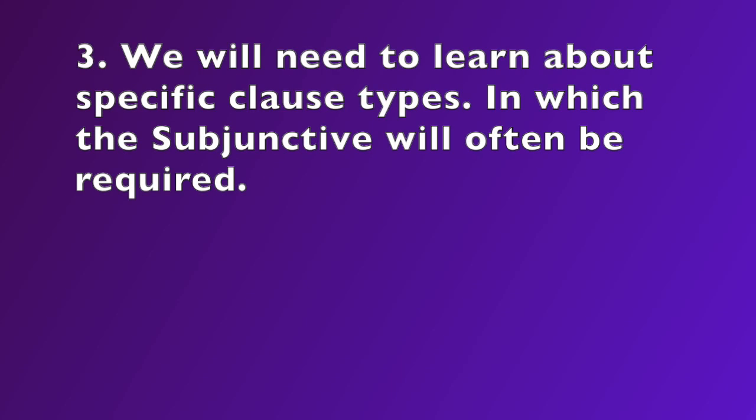The third thing is that we will have to learn about specific clause types in which the subjunctive is often going to be required. Yes, we're going to be learning about clauses in the subjunctive. A clause essentially is a group of words with a grammatical subject and a conjugated verb, which is essentially a sentence.